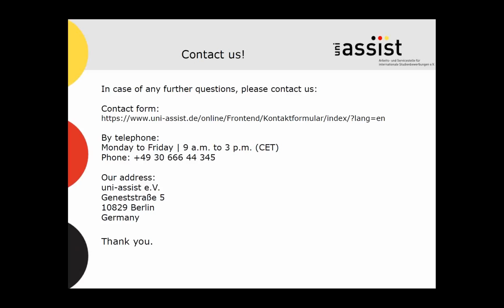For some universities, we are not responsible for some applications. So you have to check directly at the university if we are responsible for applications from German citizens, because different universities have different rules, and some of them don't want us to evaluate applications from German citizens.